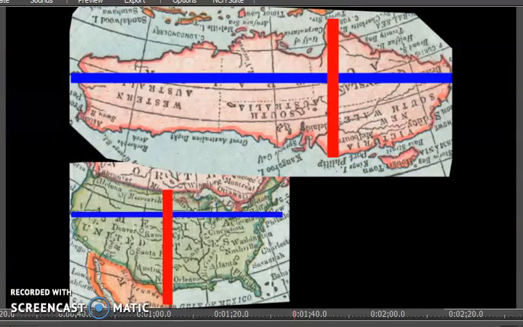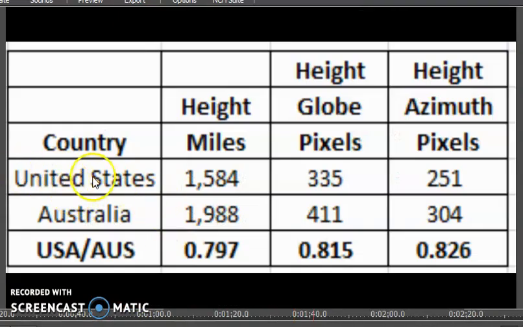I did the same thing with the azimuthal map. And as far as height is concerned, the United States is about 1584 divided by 1988, which is 0.797. The height on the globe in pixels, 335 divided by 411, is 0.815. About the same.